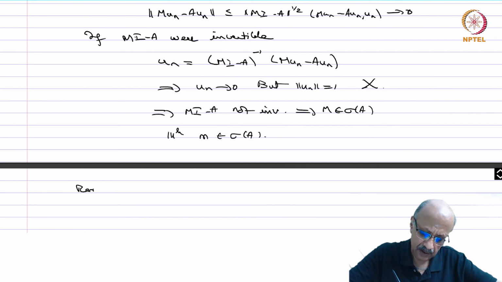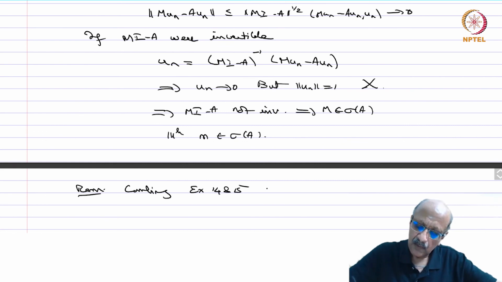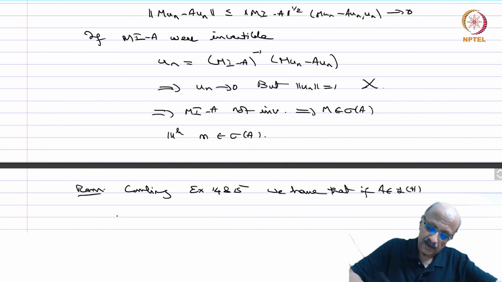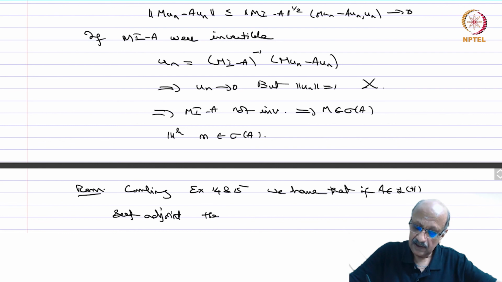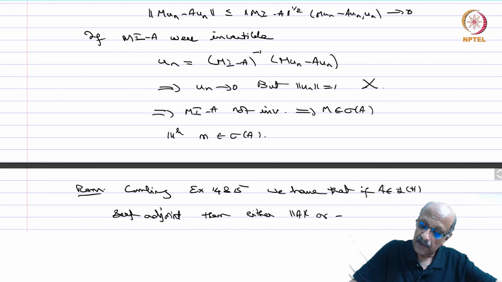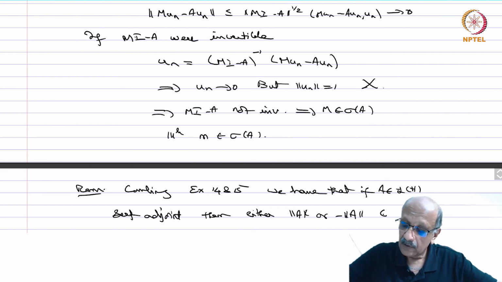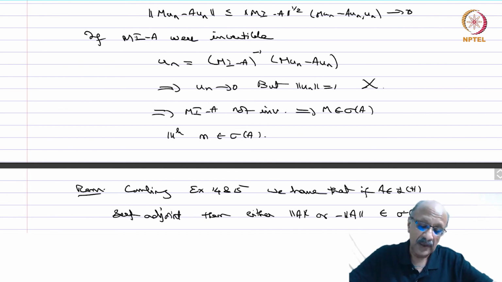So, a remark. Combining exercises 13, 14 and 15, we have that if A is in L(H) self-adjoint, then either norm A or minus norm A belongs to sigma of A, because either norm A will be equal to capital M, or minus norm A will be equal to small m.